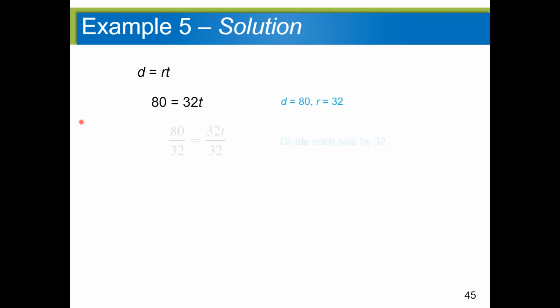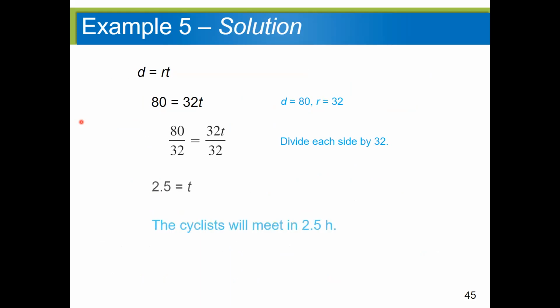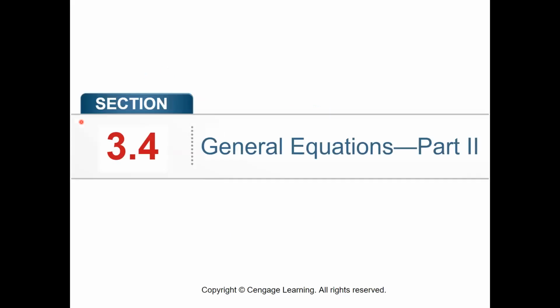So if I divide both sides by 32, because if I do the one side, I do the other side, I cancel the 32s, resulting in number times letter, or constant times variable. And it doesn't matter which side of the equation the t is on, as long as there's no numbers with it. It takes 2.5 hours for the cyclists to meet each other.